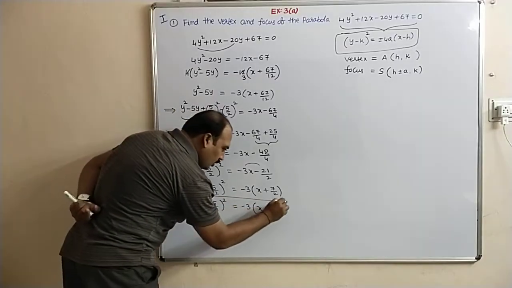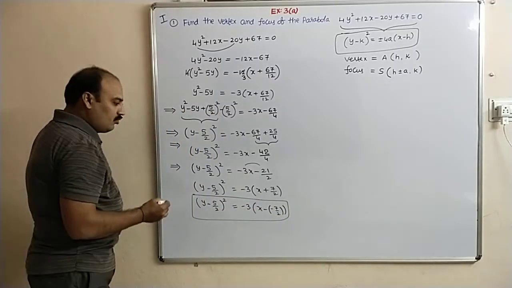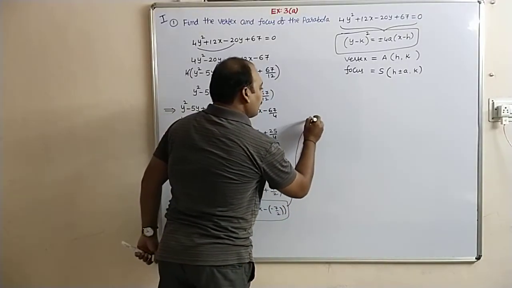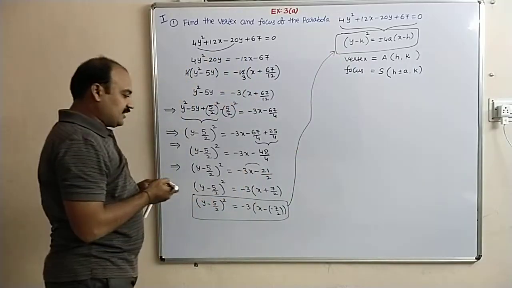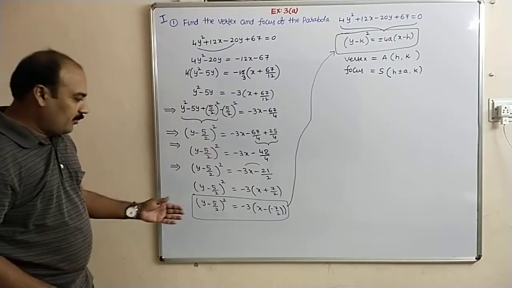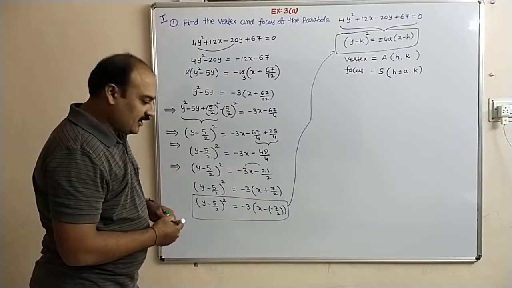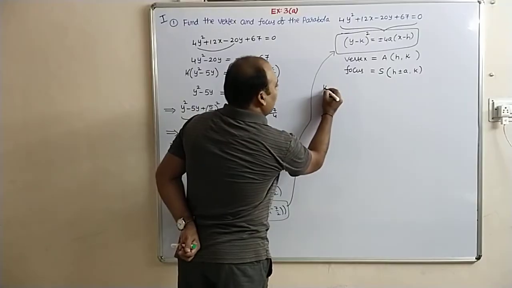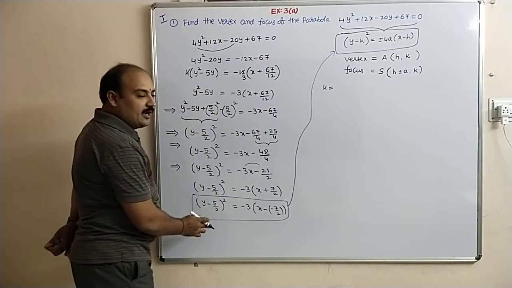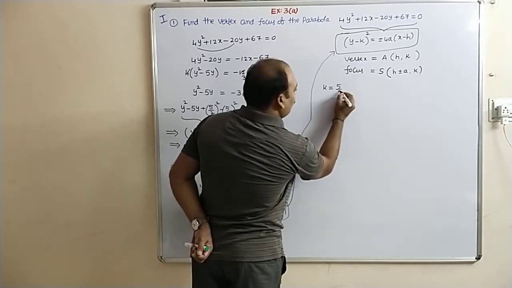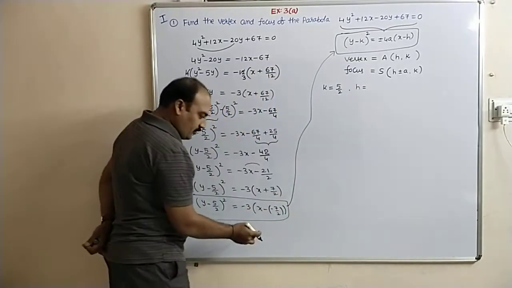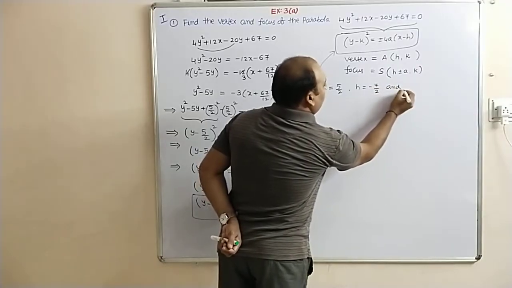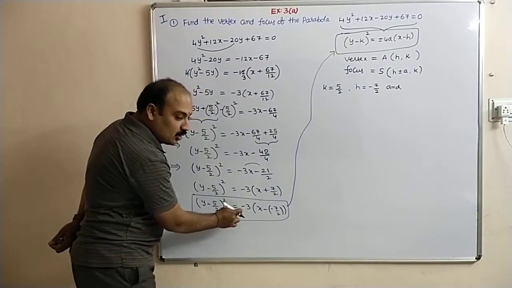This equation you have to compare with y minus k whole square equal to plus or minus 4a into x minus h. After comparing, we will get the values k equal to 5 by 2 and h equal to minus 7 by 2, and 4a is equal to 3.